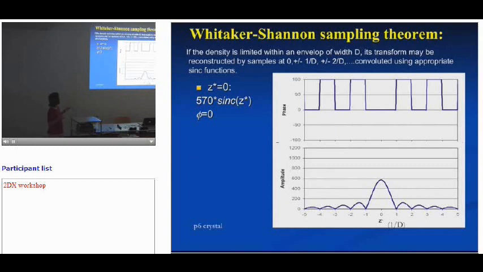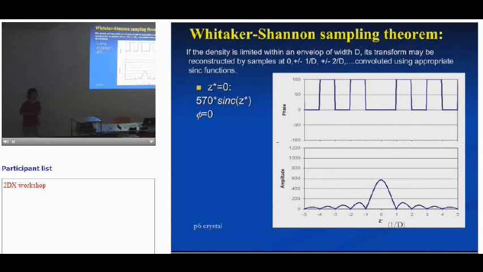If you know the values at 0, plus and minus 1 over d, plus and minus 2 over d, etc., then you can actually reconstruct the whole thing by taking those values convoluted with the appropriate sinc function.